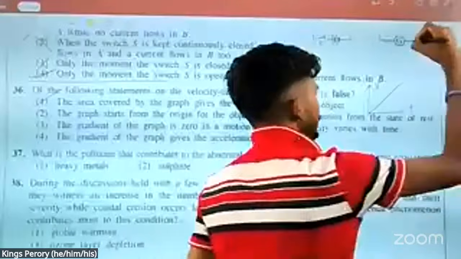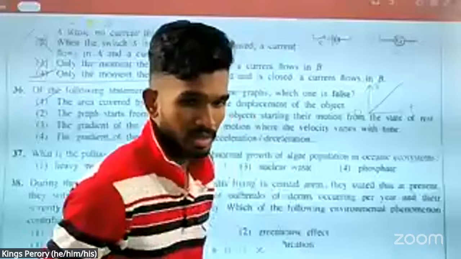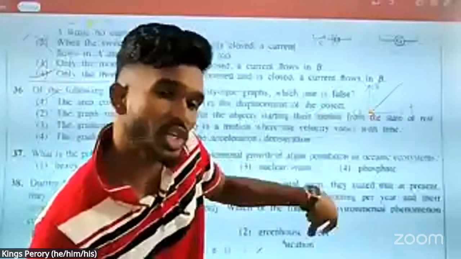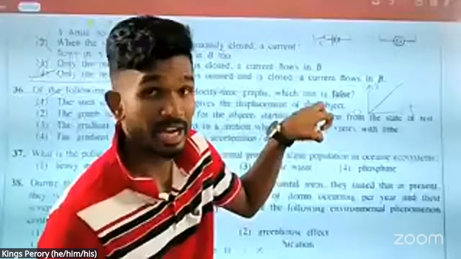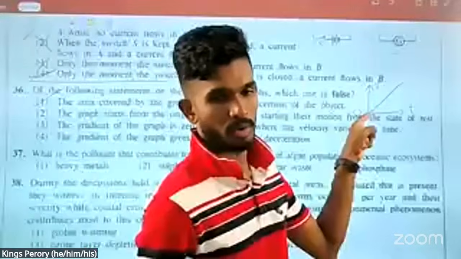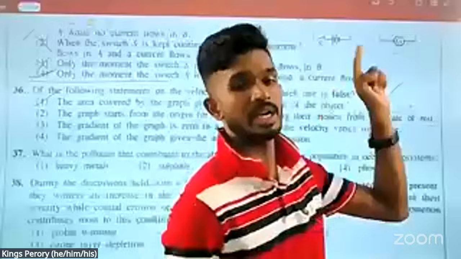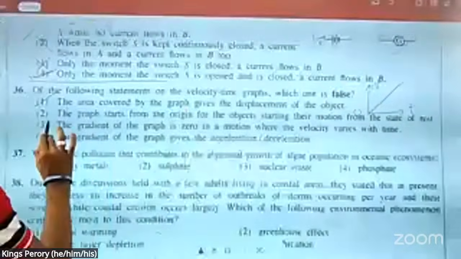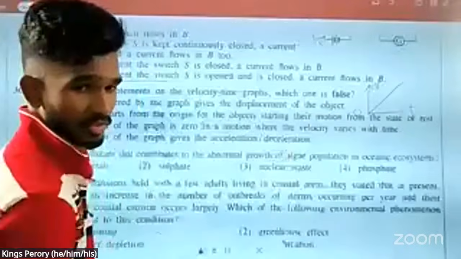Origin is the 0 coordinate. Graph starting from origin means initially velocity 0, which means starting from rest. So that is correct.